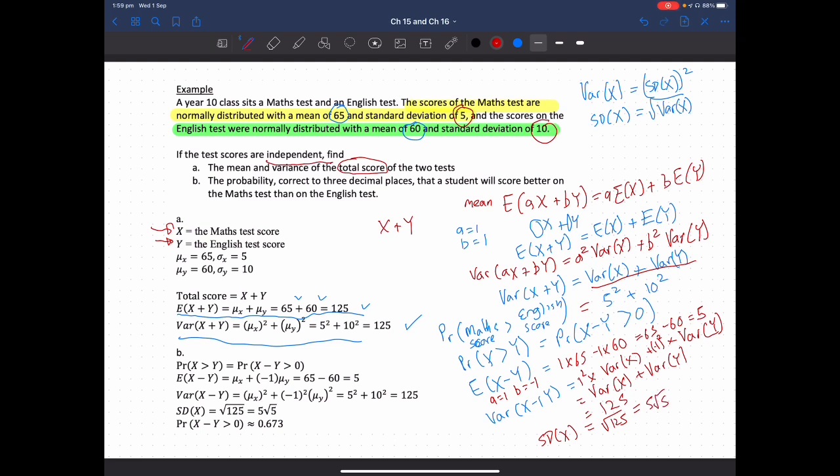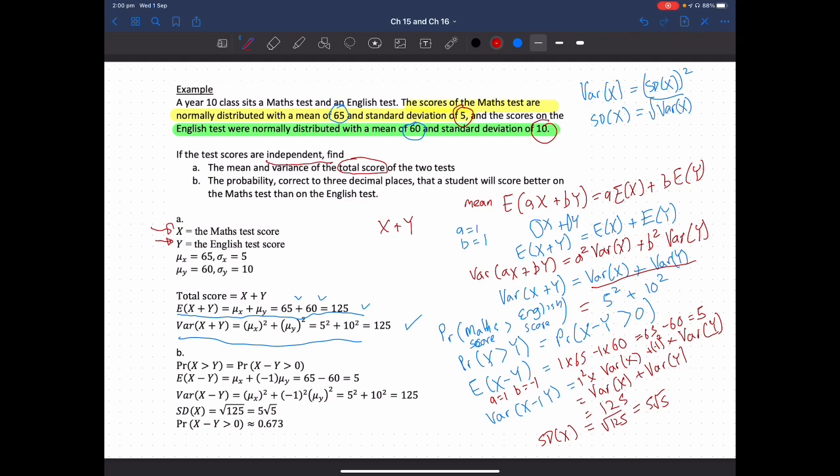Now remembering what we were told earlier, when you add the two normal distributions together, our answer will be a normal distribution. So what we now know is we have a normal distribution which has an expected value or mean of 5.